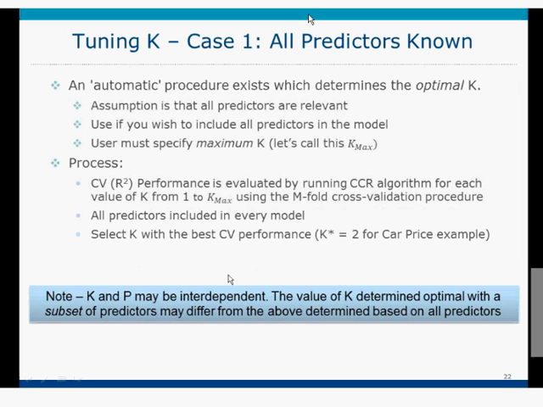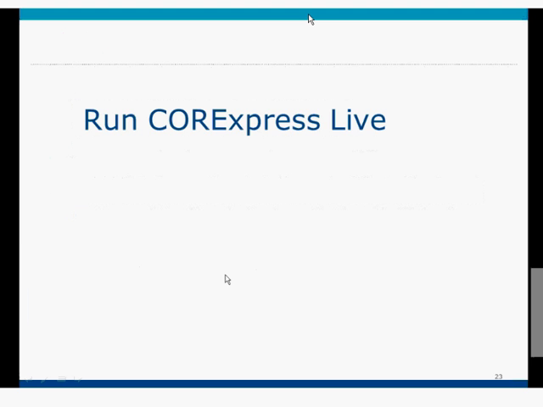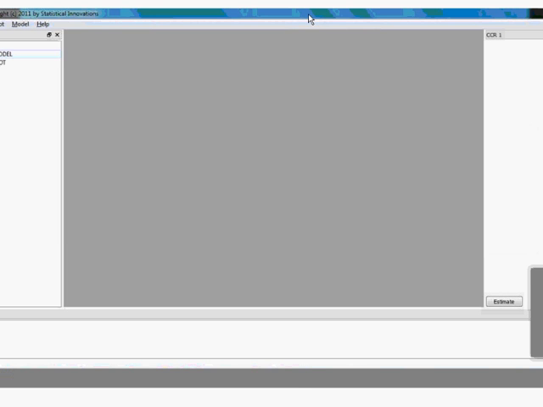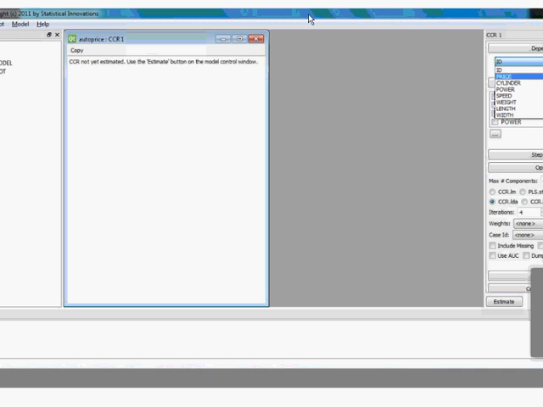Okay, so now let's actually make this concrete. I will go to Core Express program, and what I'll do is take price as the dependent variable for this car data.